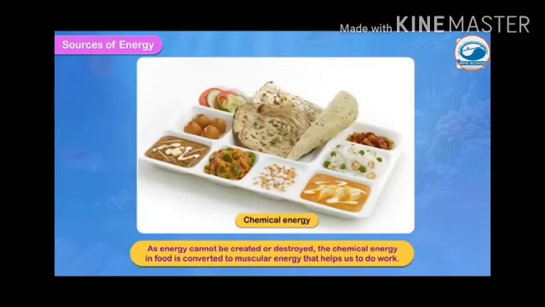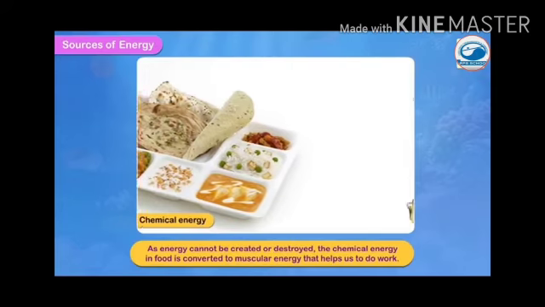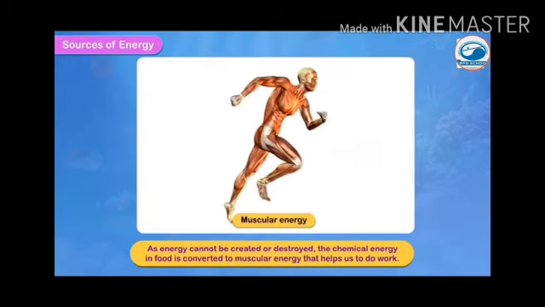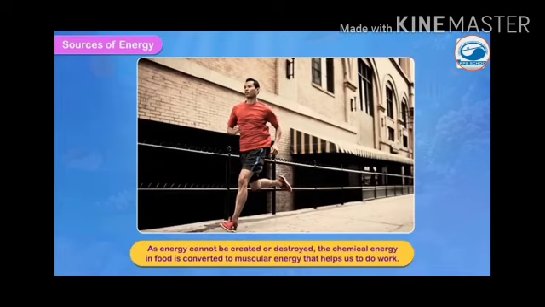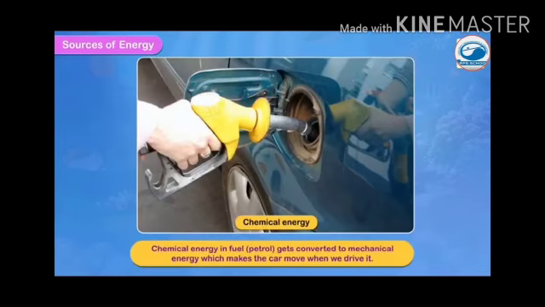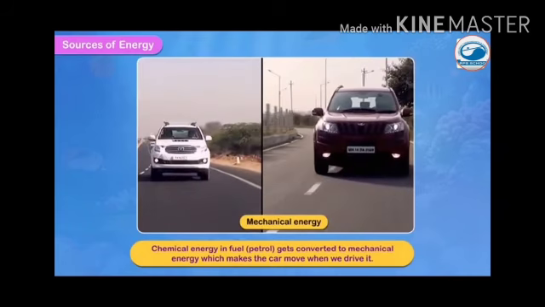The chemical energy in food is converted to muscular energy that in turn helps us to do work. In the same way, chemical energy in fuel, that is petrol, gets converted to mechanical energy, which makes the car move when we drive it.